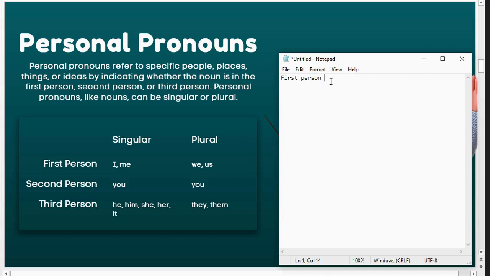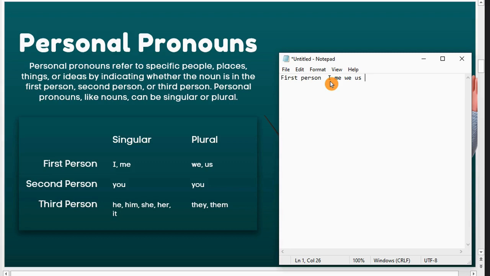Then I, me, we, us, singular and plural, when we talk about ourselves.